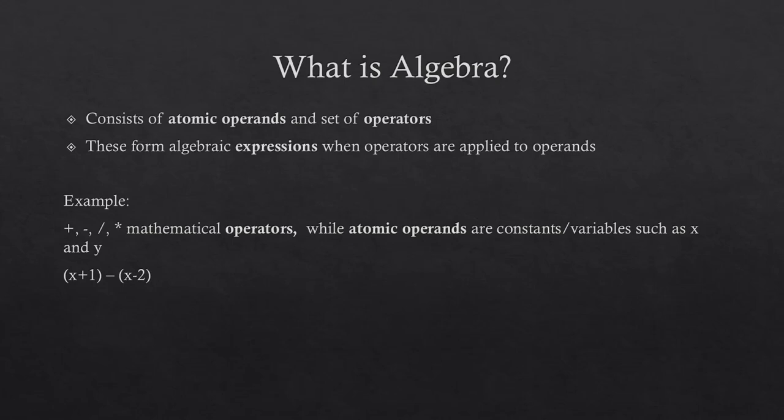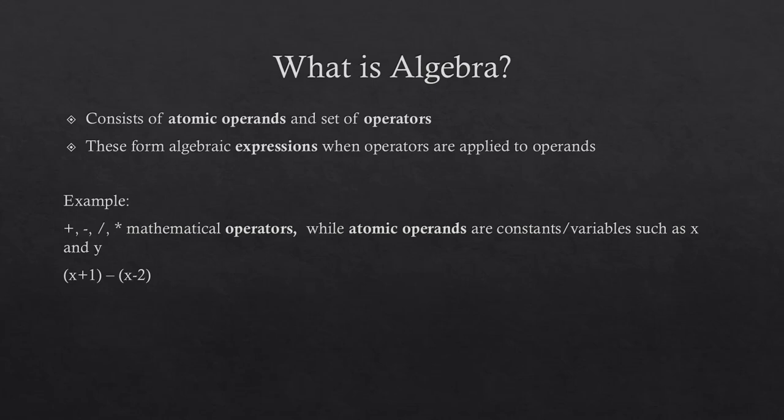Now, let's talk about algebra. I know you guys went through algebra in high school or college, so everybody's familiar with it. Now, algebra consists of atomic operands and a set of operators. Now, these form algebraic expressions when operators are applied to operands.